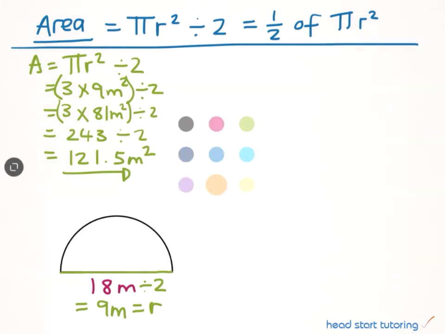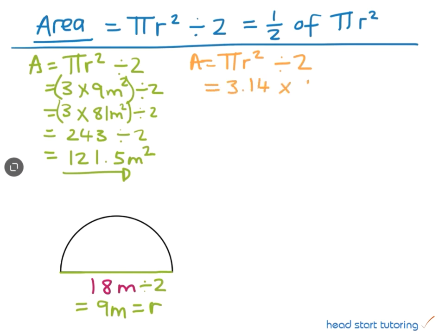Right, let's now have a look at the area of this semicircle using pi equal to 3.14. So again, area is equal to pi r squared divided by 2, and that is equal to 3.14 multiplied by 9 meters squared.